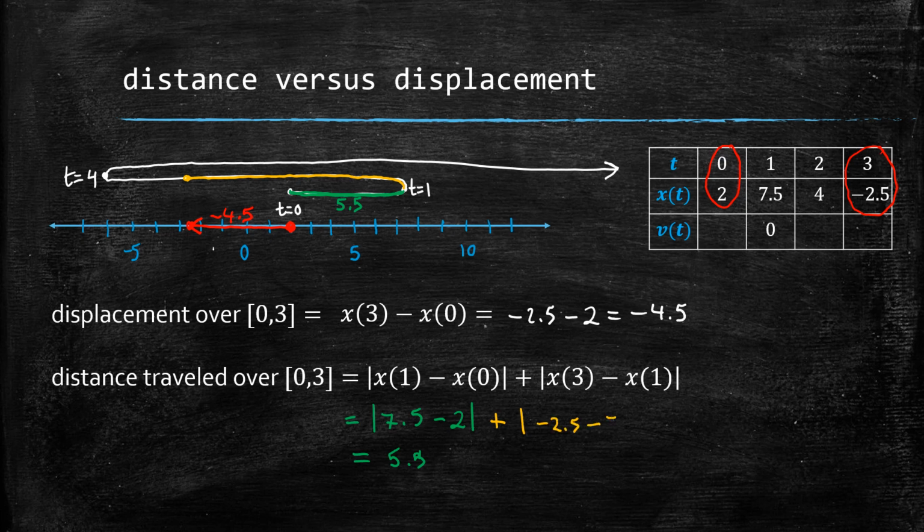At 1 second, it was 7.5, and that comes out to be negative 10 in there, and the absolute value of that is 10. So the total distance traveled is 15.5. That journey returning in this direction was 10 units. And that's the subtle but important distinction between distance and displacement.